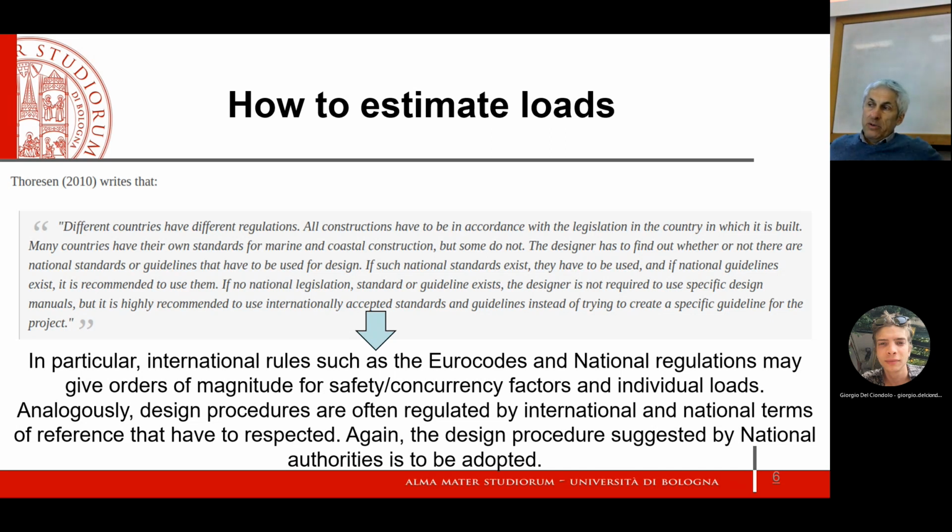To give you some examples, international rules such as the Eurocodes and national regulations may give order of magnitude for safety, concurrency factors, and individual loads. And so it is extremely important that we get this order of magnitude. And it is extremely important that we get an international panorama, an international perspective. Good.